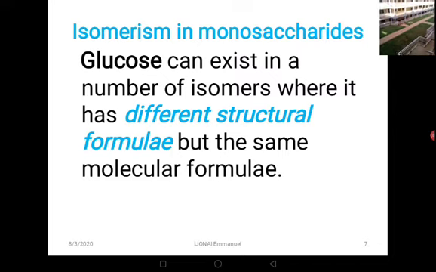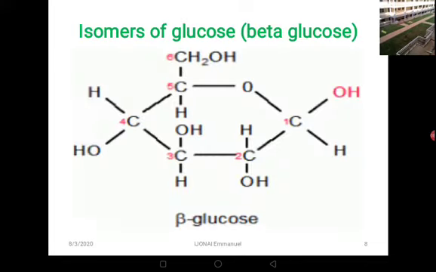You remember that the molecular formula for glucose is C6H12O6, but when you look at the structural formulae, they may be different. C6H12O6 has a number of structures that it can produce, and that is what we call isomerism.